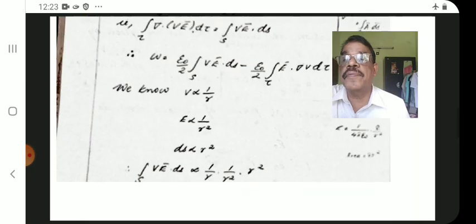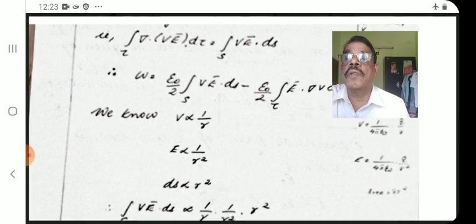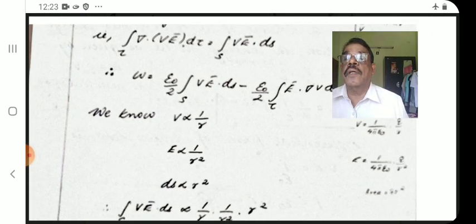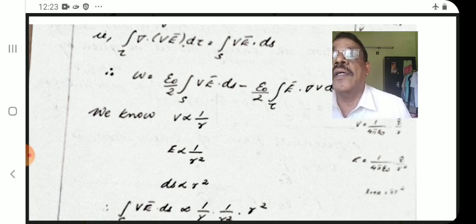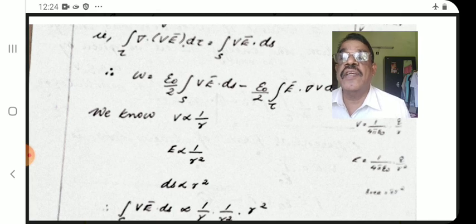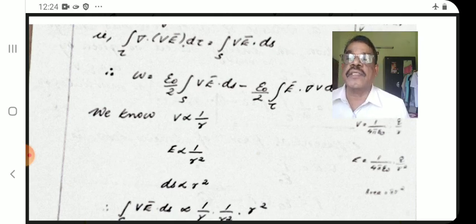That is, volume integral del dot VE d tau is equal to surface integral VE dot ds. You remember the theorem? We have studied volume integral del dot E d tau is equal to surface integral E dot ds.